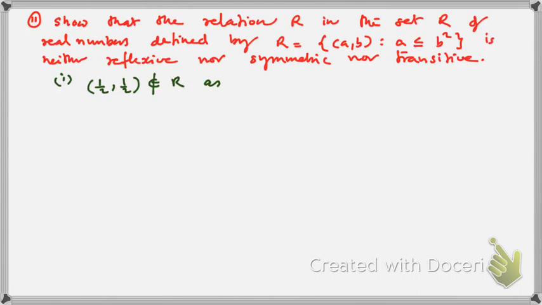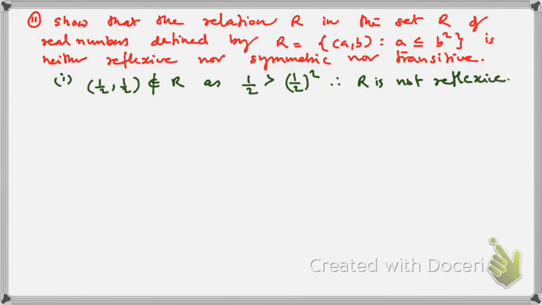If half is related to half, then the first number half should be less than (1/2) squared. But no, 1/2 is actually greater than (1/2) squared. 1/2 is bigger than 1/4. And therefore, (1/2, 1/2) does not belong to R.